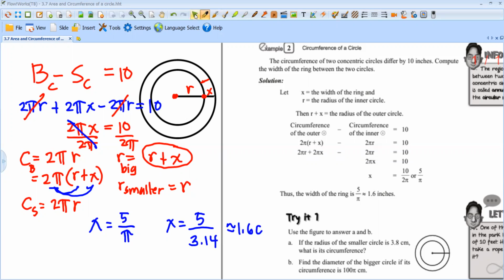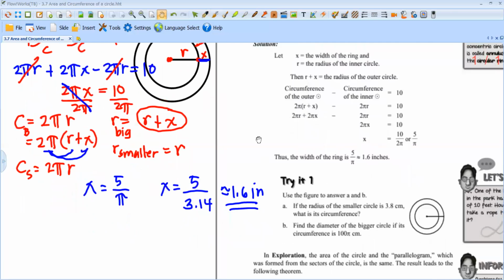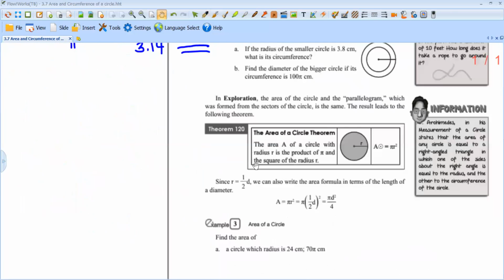And that is in inches. So this is about 1.6 inches. Did you get it? Yes, po, sir. Okay.